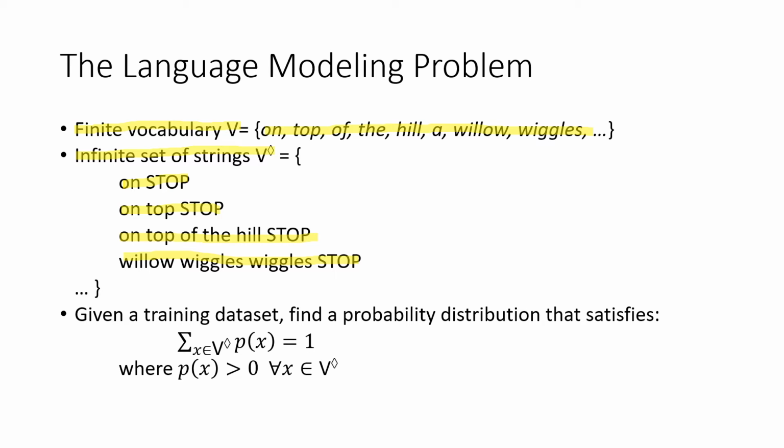And given a training data set, we want to find a probability distribution that satisfies this equation. That is, the sum of probabilities of our strings sums up to 1. Each individual probability has to be greater than 0.